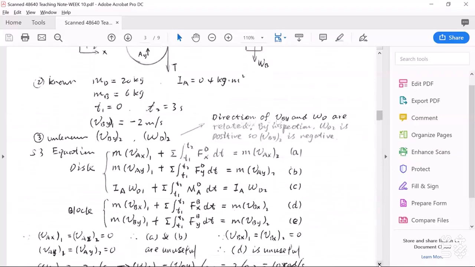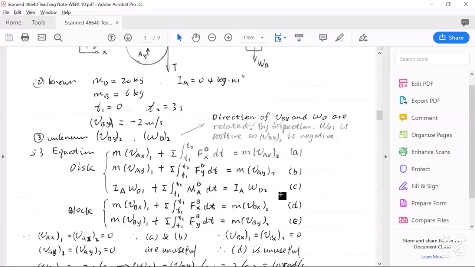Now we have two rigid bodies. We consider these two rigid bodies separately, so we will apply the principle of impulse and momentum on these two rigid bodies separately. Firstly, on this disk, we can list these three equations. The first two, along x direction and along y direction, are for the principle of linear impulse and momentum.